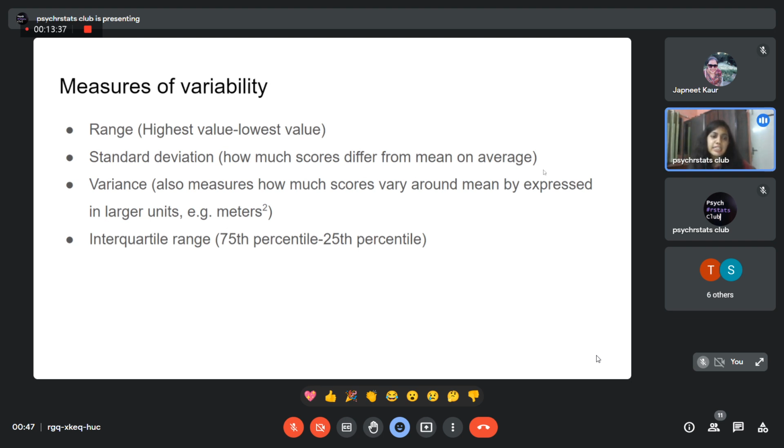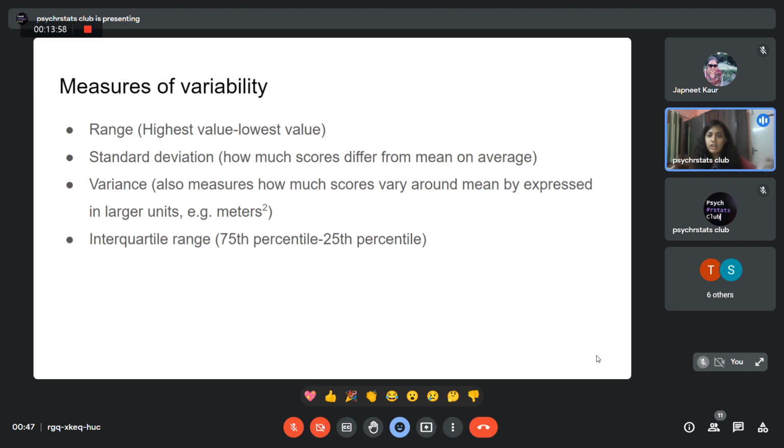And interquartile range is less frequently reported compared to SD, but it is basically the difference between your 75th percentile and the 25th percentile. So it gives you the range of the middle half of the data.